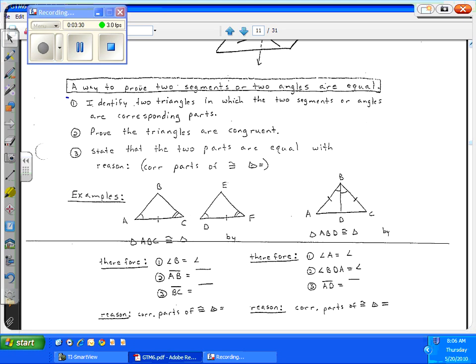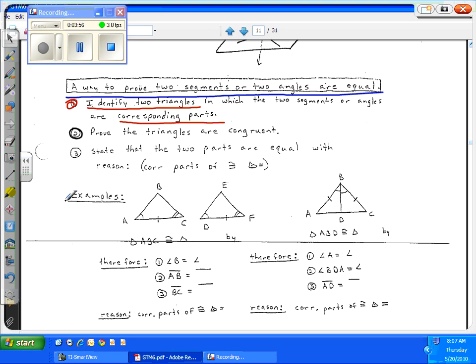So a way to prove that two segments or two angles are equal is first to identify two triangles in which those two segments or those two angles are corresponding parts. Prove that those two triangles are congruent by one of the methods we've learned so far, side, side, side, side, angle, side, or angle, side, angle.